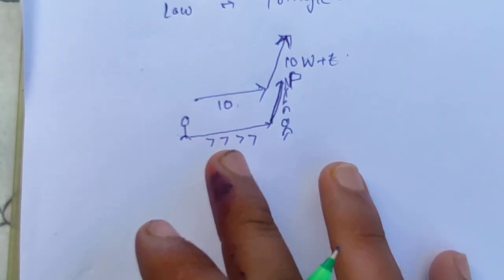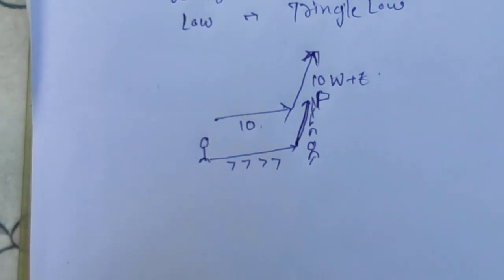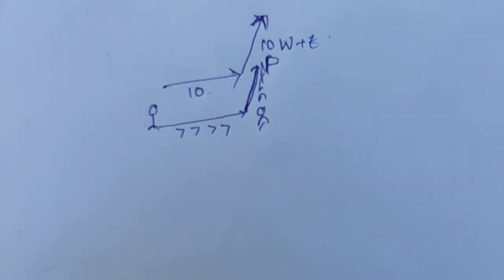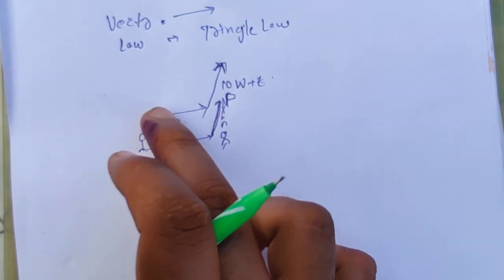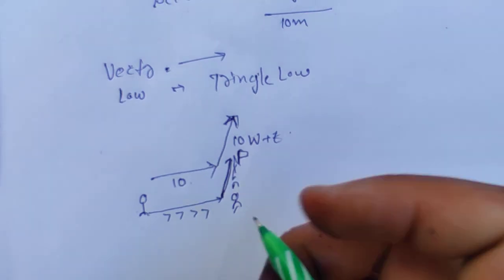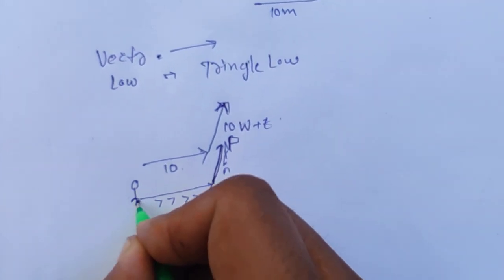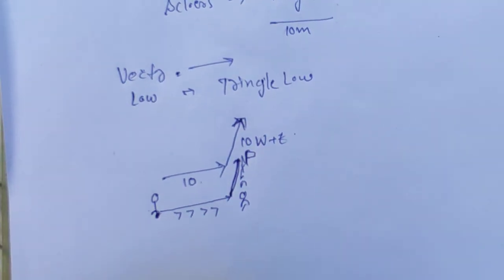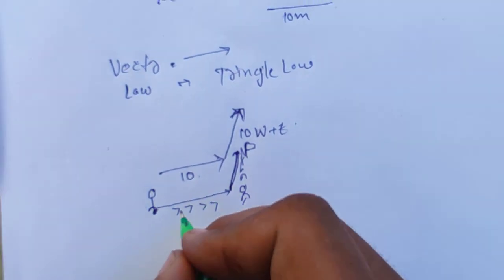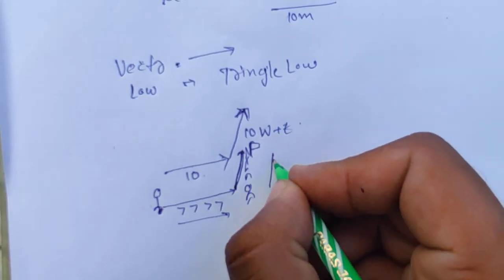If I ask where I go from the initial point, the starting point, to the final point, my overall displacement is 10 meter in this direction and 10 meter in this direction.